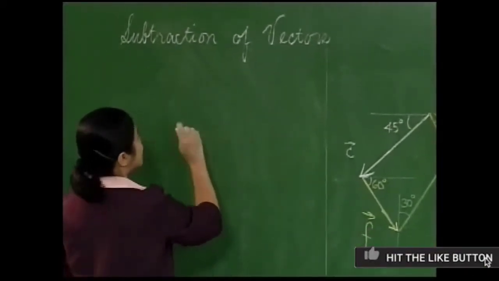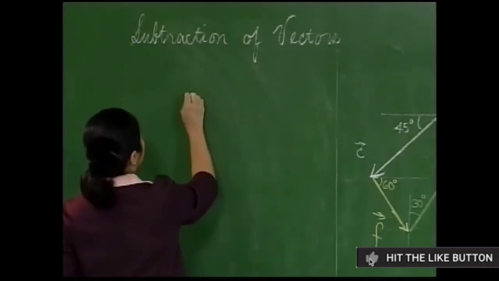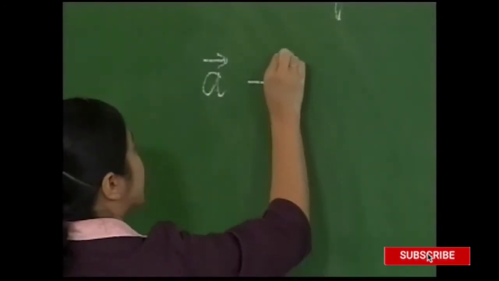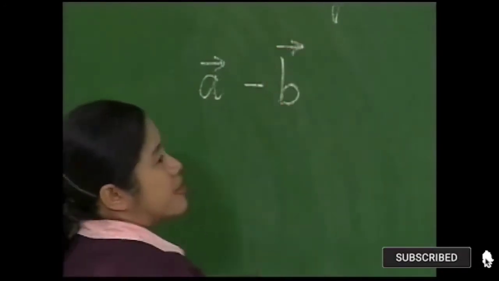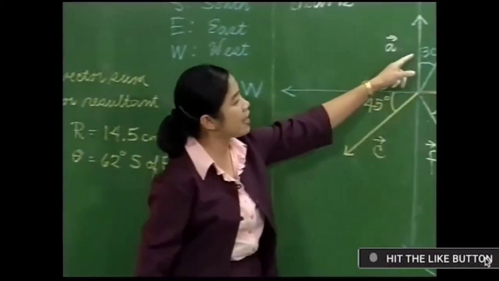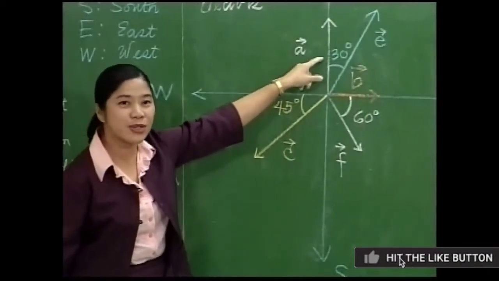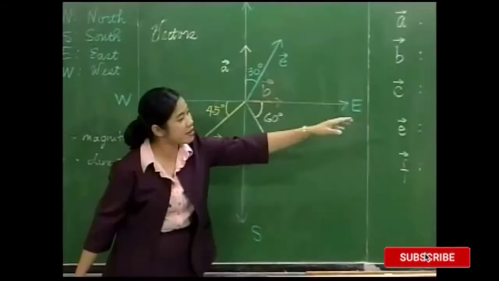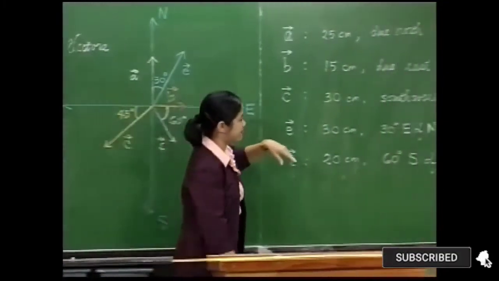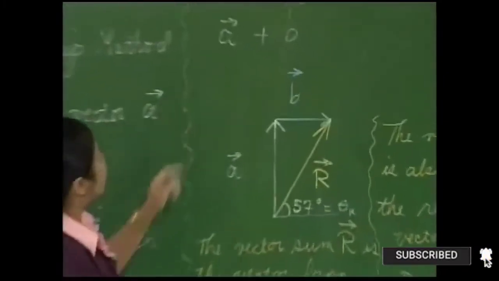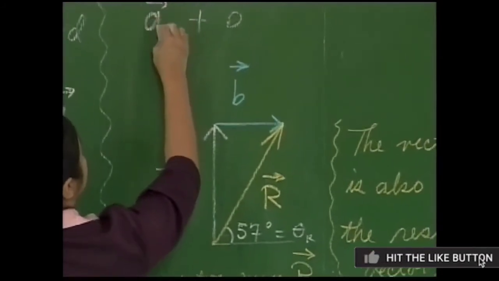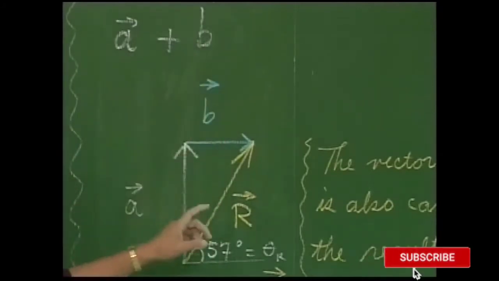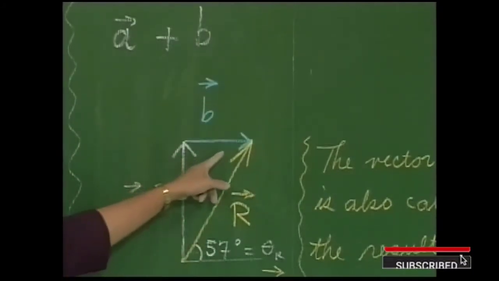Suppose I would like now, instead of A plus B, I wish to have A minus B. So again, I take this vector A, and I would like to subtract vector B. In my example there, I added vector A plus vector B. So this is how we did it using the tail to tip method.